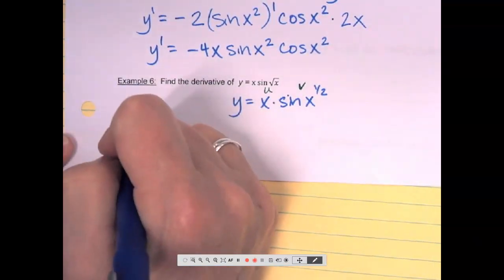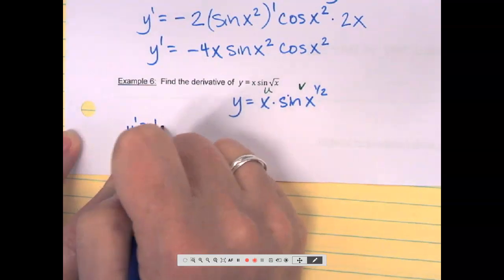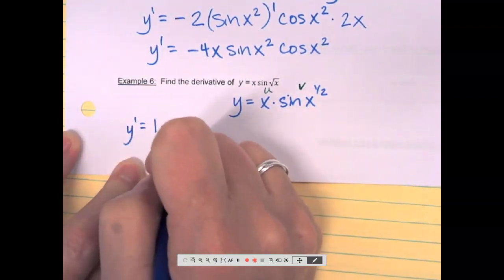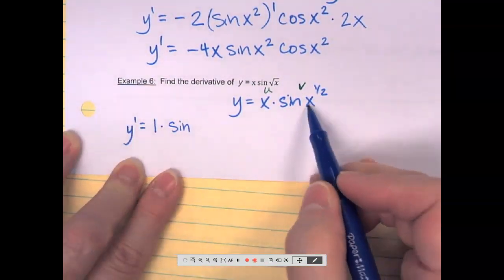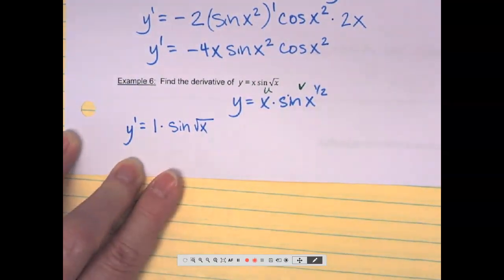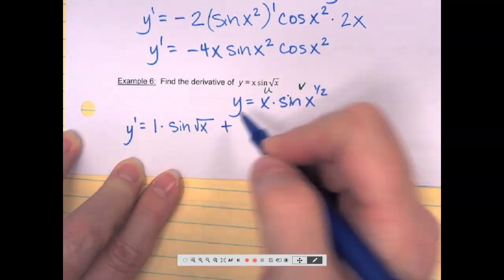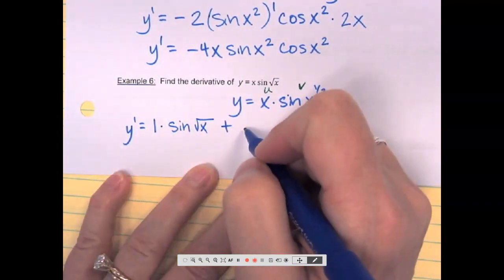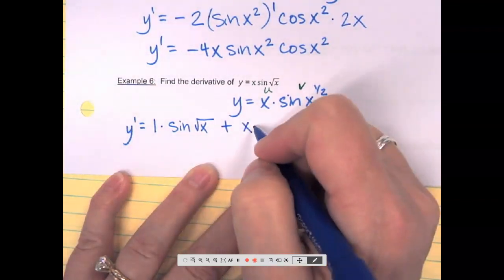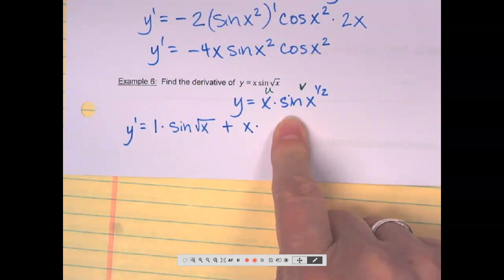Okay, so let's tackle this. U prime 1 times V. Now, when I just write sine x to the 1/2, I might leave it like that when I'm just bringing down V, plus U V prime. Okay, so what is the derivative of sine x to the 1/2?